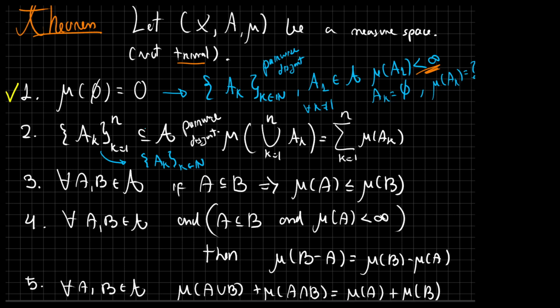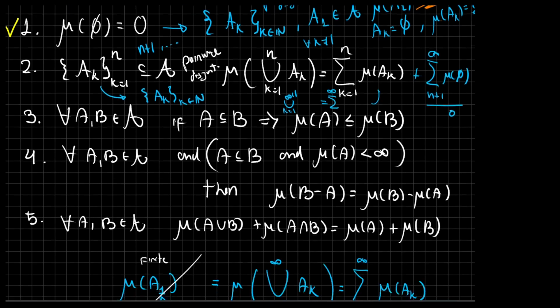I mean, everything that follows from n, I mean n plus 1 and so on, will be equal to the empty set. So this is equal to the countable union, and then this is equal to an infinite series, but this series is equal to this plus this, and this is of course 0. So you have that property.